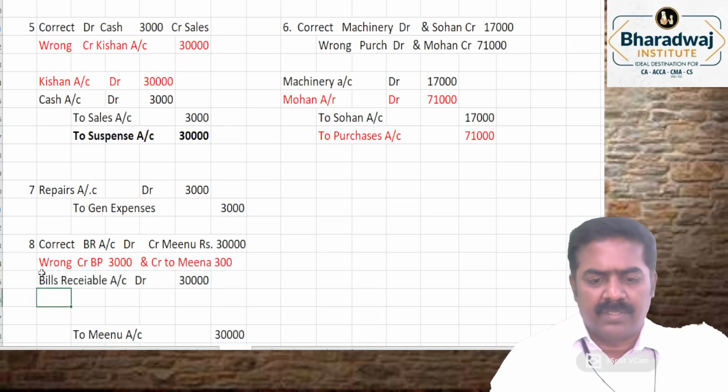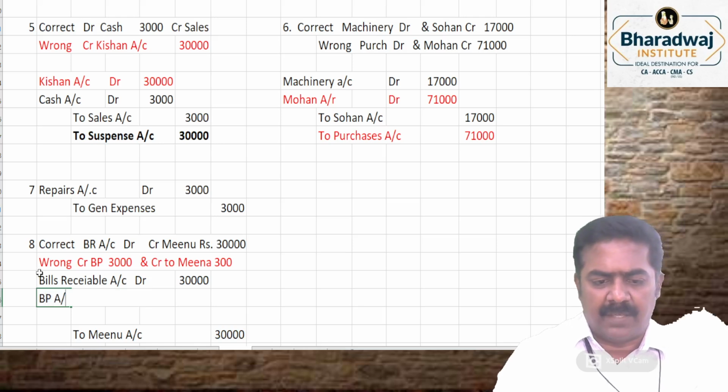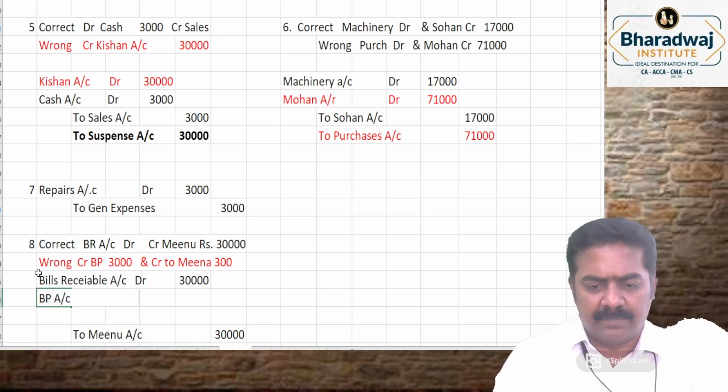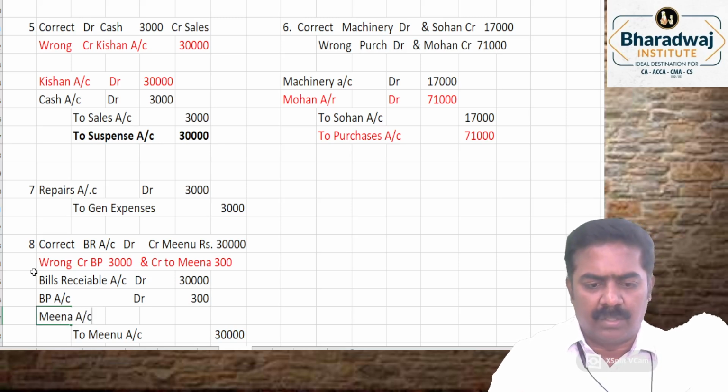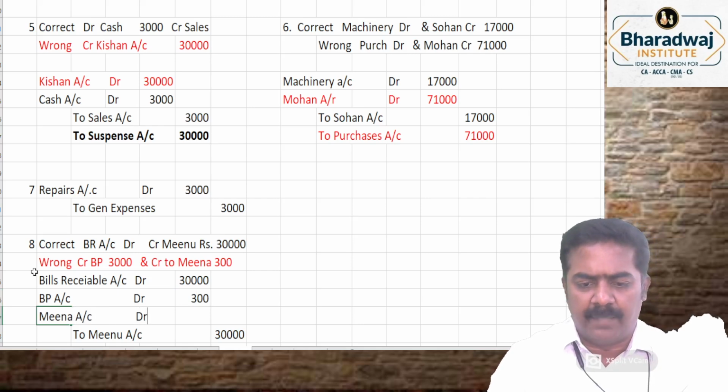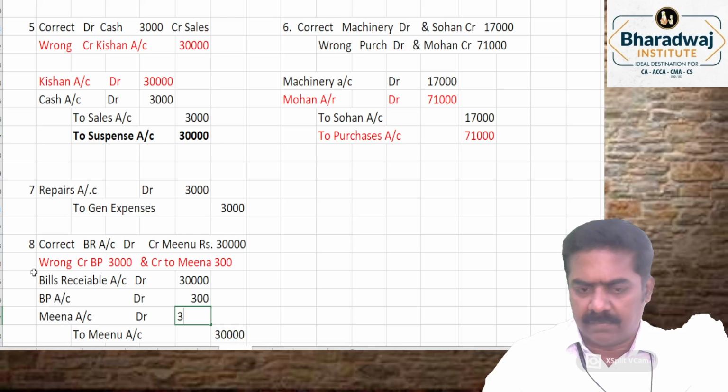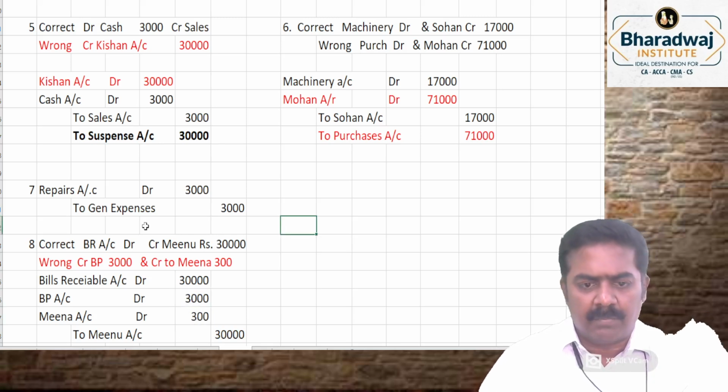How to remove? Debit bills payable account 3,000. From Meena account also wrong credit, remove by debiting 300. Balance will go to which account? Suspense.